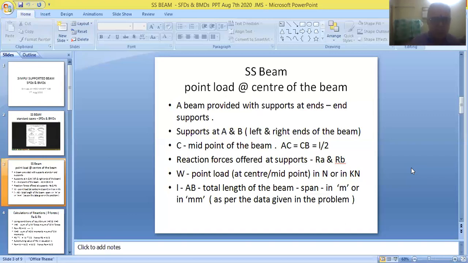And finally, small l represents the total length of the beam, or the span of the beam, expressed in meters, centimeters or millimeters, depending upon the data given in the problem. So we have to select the appropriate units for indicating these values.